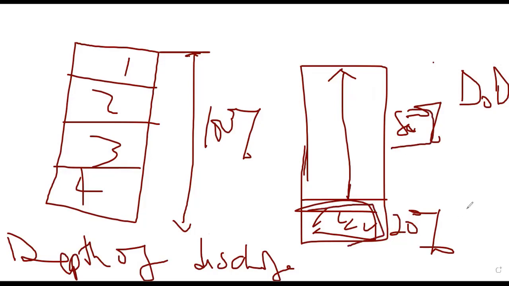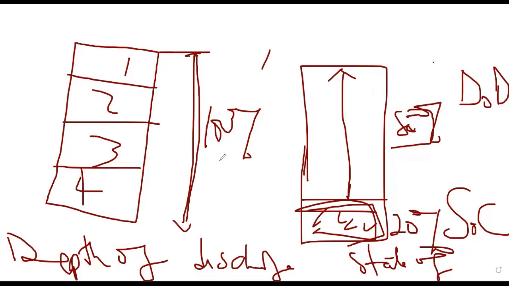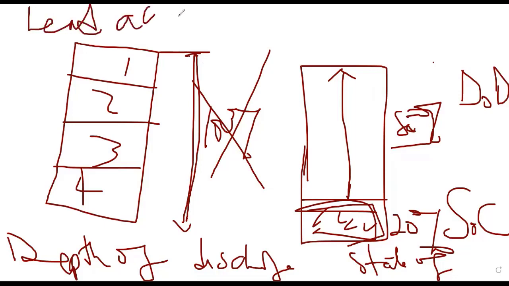The 20% left is called the SOC, the state of charge of the battery. It is not advisable that you discharge the battery 100%. If you discharge the battery 100%, you are killing the battery, most importantly for a lead acid battery.